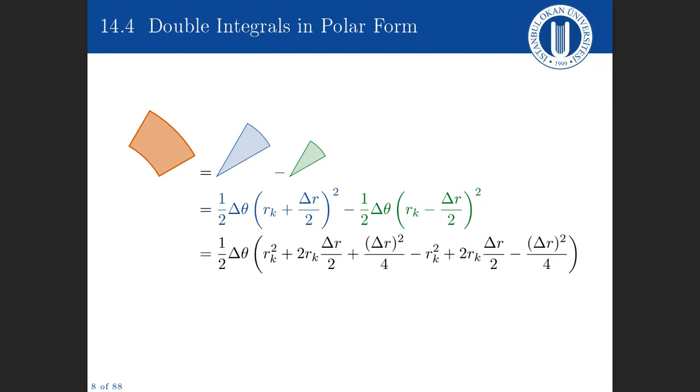What can we cancel here? There's an rk squared and a minus rk squared. Cancel those out. I also have a delta r squared over 4 and a minus delta r squared over 4. So we'll cancel these out as well. That leaves us with 4rk delta r over 2.